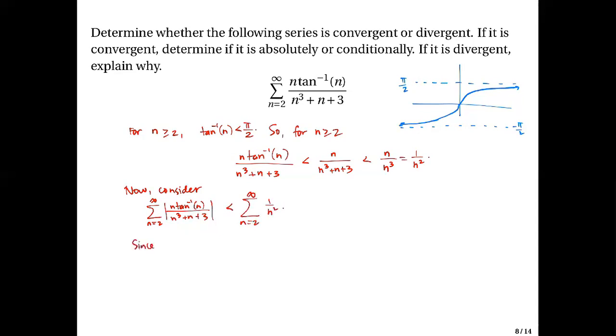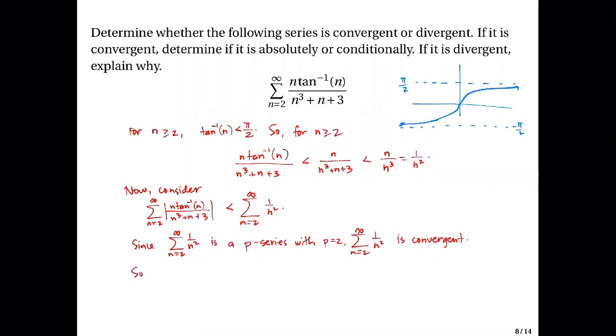Since this series 1 over n squared from 2 to plus infinity is a p-series with p equals 2, it is convergent. And therefore, this guy here is convergent.